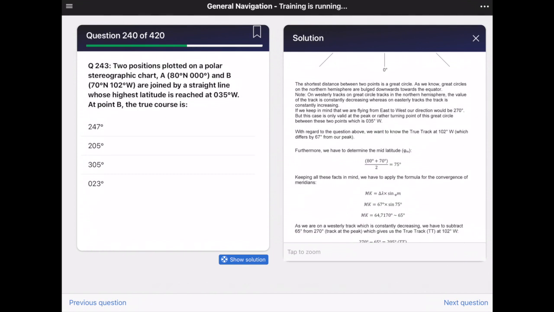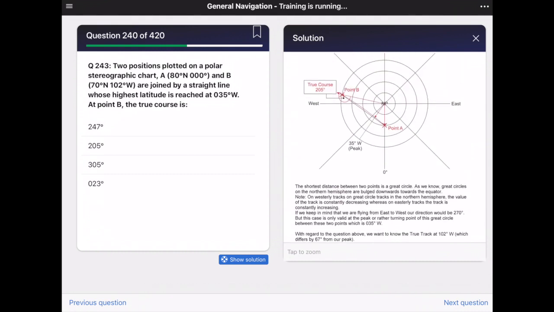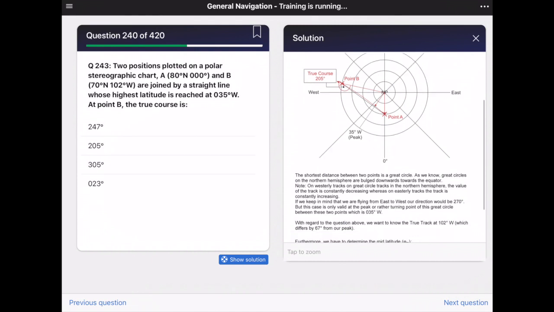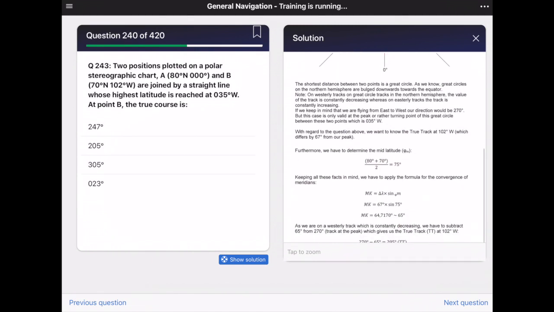And if we keep in mind that we are flying from east to west, our direction would be 270 degrees, as you can see here, from east to west. Then we want to know the peak, or say the turning point, of this great circle between these 2 points, and this would be at 35 degrees west, as mentioned in the question.